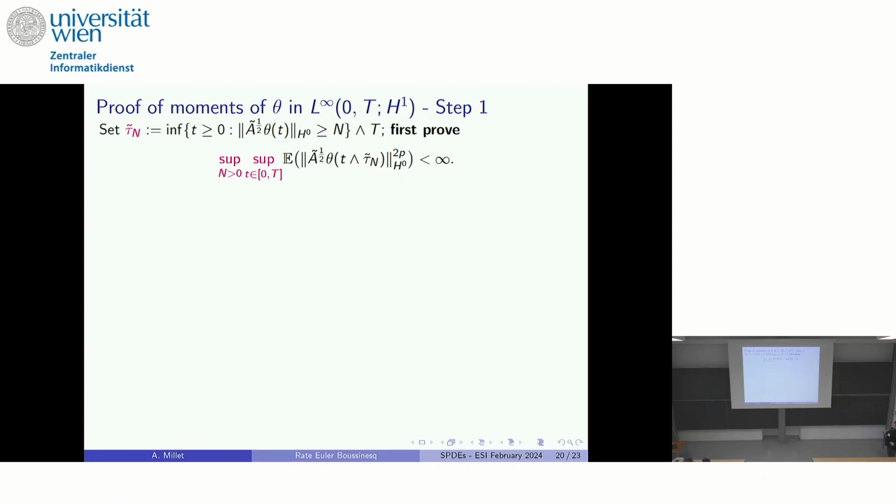So as I mentioned, the first step, for technical reasons, we take some stopping time where everything is going to be bounded. But here the important thing is that we put the stopping time outside. So what we want is to prove.